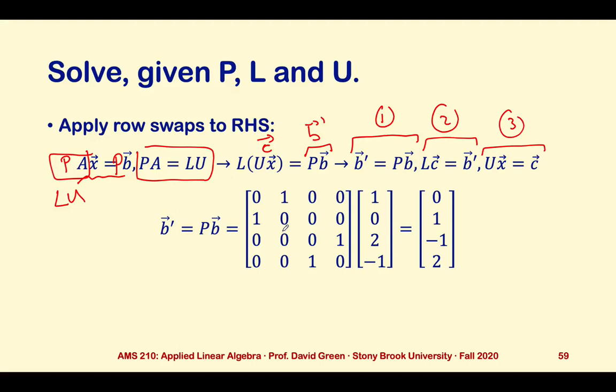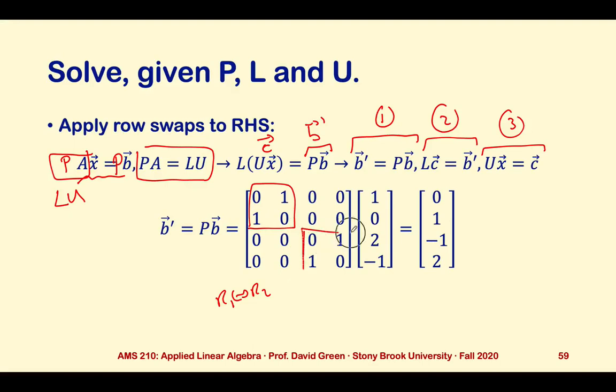This system was the system that we worked through in the previous worked example video. It involves a row swap of row 1 and row 2. That's what these two pieces represent here.